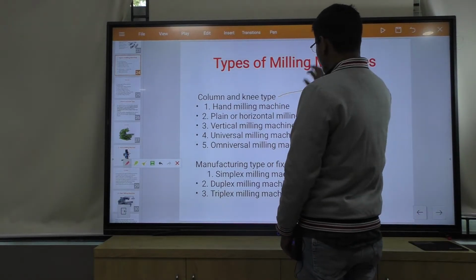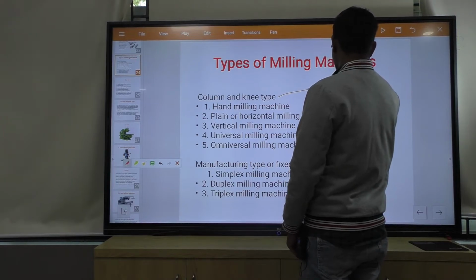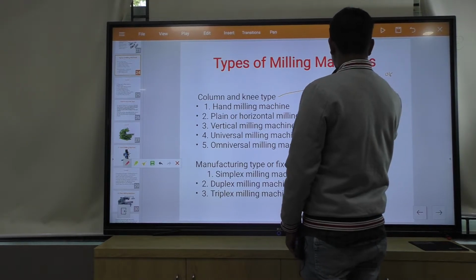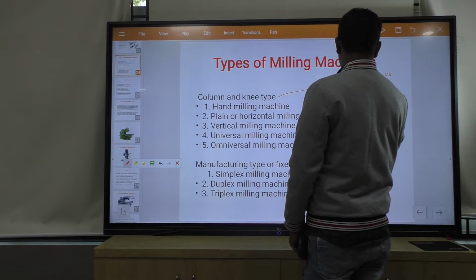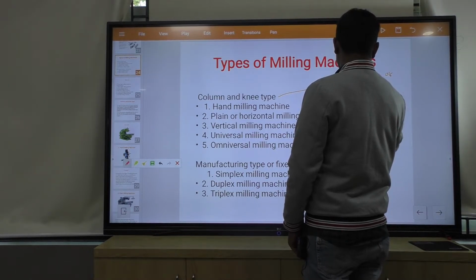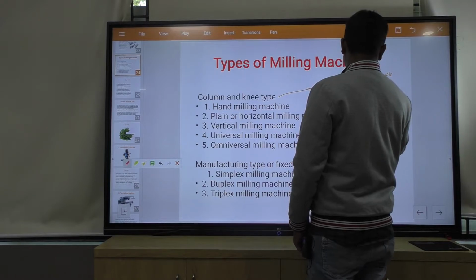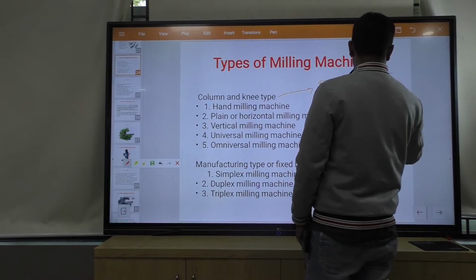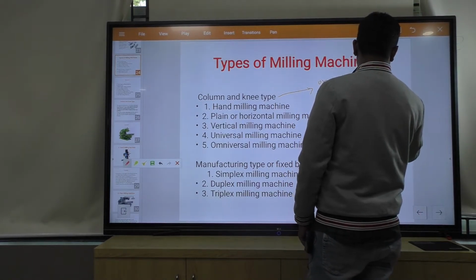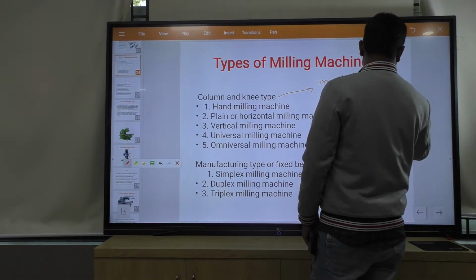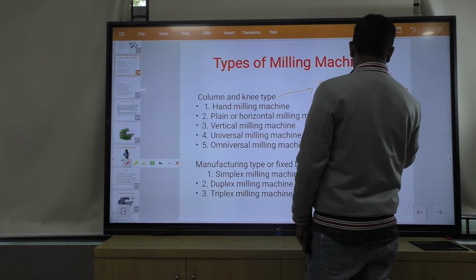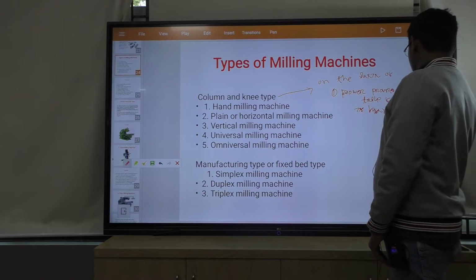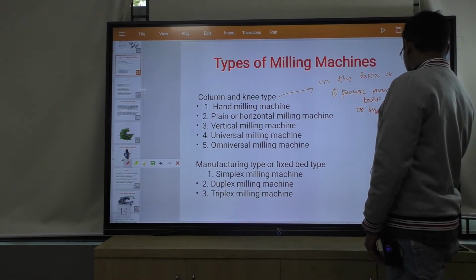These are classified on the basis of the power provided to the table for feeding, that is hand power or machine power.